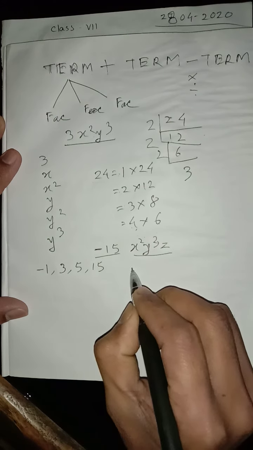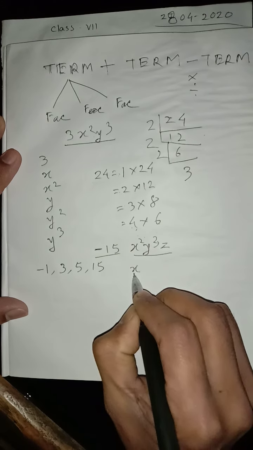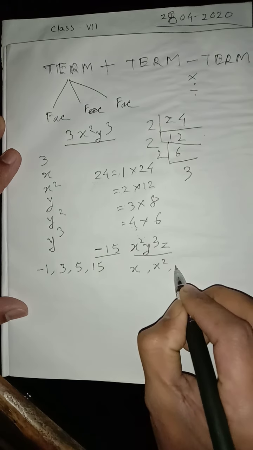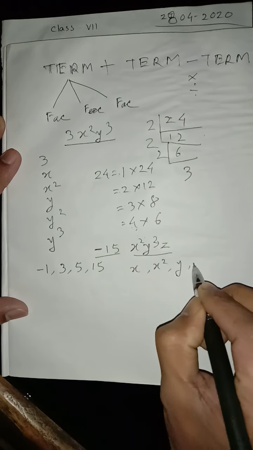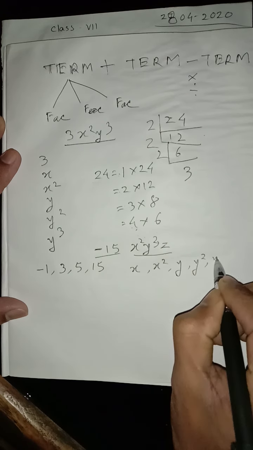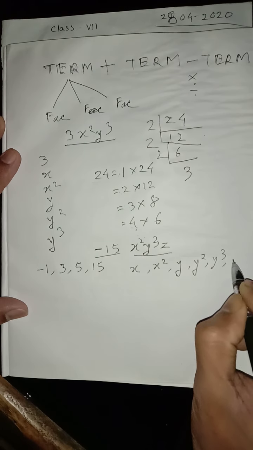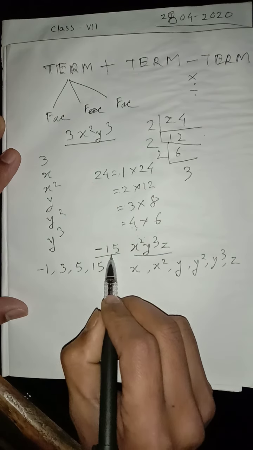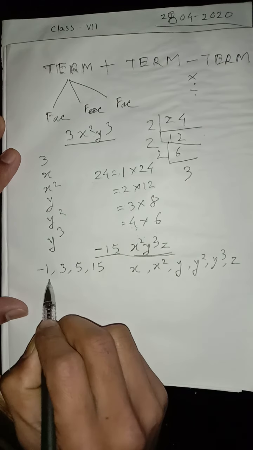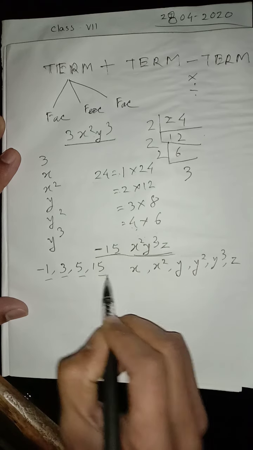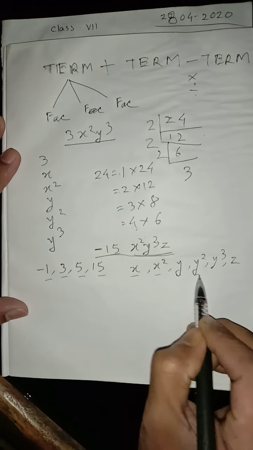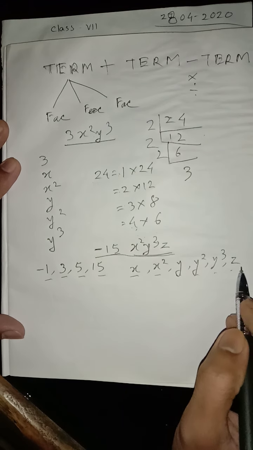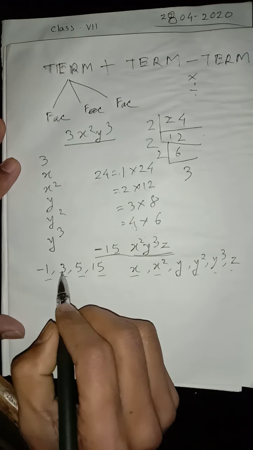In the literal part, x is a factor because we can divide by x, by x square, by y, y square, y cube, and by z also. That means we can divide this term by all of them and any combination of all these things. So all of these are factors.